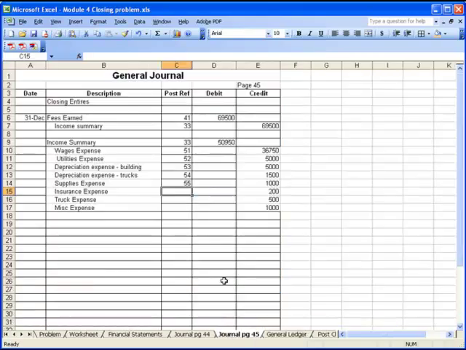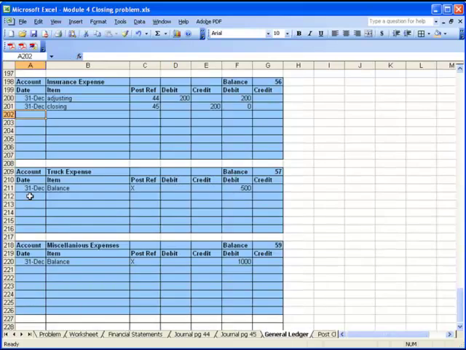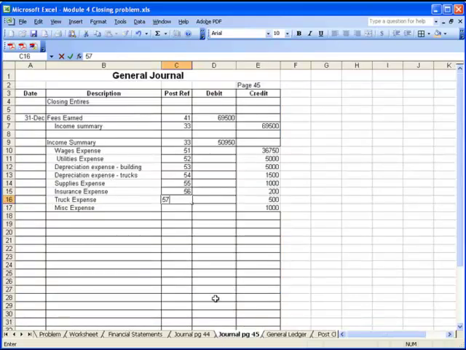Go back here, 56. Truck expense, $500. Makes that 0. And then finally miscellaneous expense for $1,000.